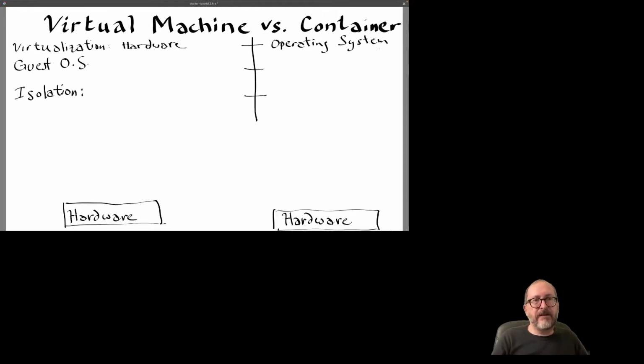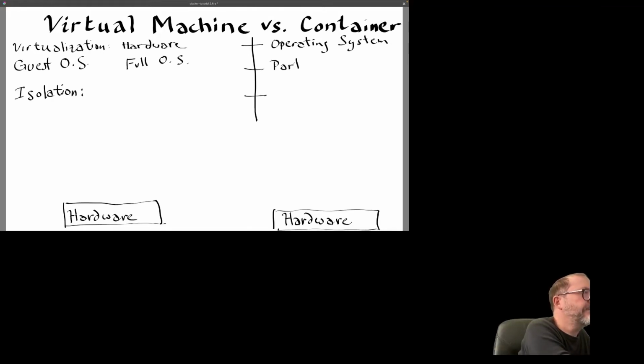And then onto the guest OS. As we mentioned, a virtual machine will have a full operating system installed. A container will have some sort of partial operating system.